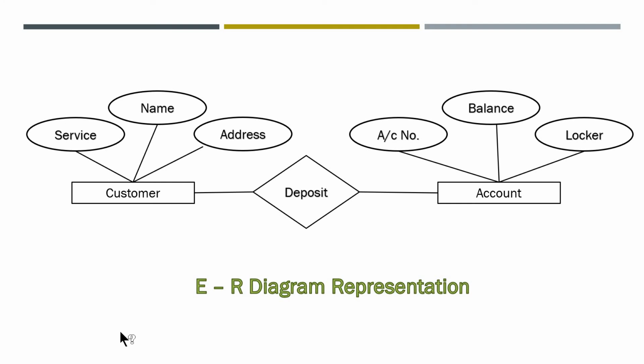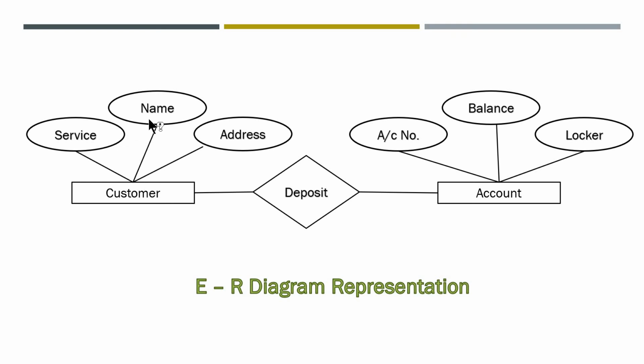Here we have one more example of an ER diagram representation. This shows a relation between a customer and the bank in which the customer is depositing an amount. There are two different entities available. One is customer, the other one is account. In the customer entity, there are three different attributes available.